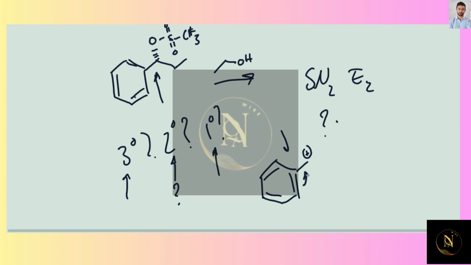But in this case, since the charge can be stabilized through resonance, this positive charge is more stable than even a tertiary positive charge, right? So the long story short is that this particular carbon that the triflate is attached to is particularly stable in its carbocation form, which leads me to believe that this is probably going to proceed via SN1 or E1.